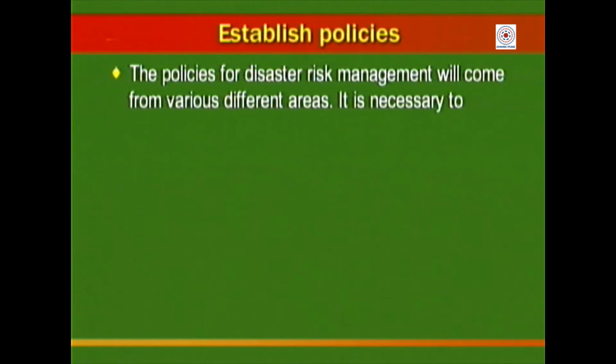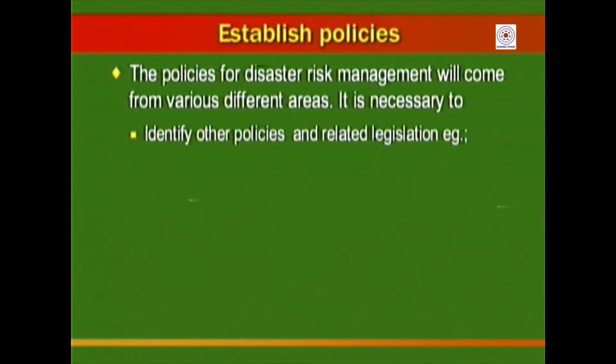Now, establishing the policies. The policy for disaster risk management will come from various different areas. It is necessary to obtain national and state level policies on disaster management, and identify other issues, policies and related legislation, like emergency management.